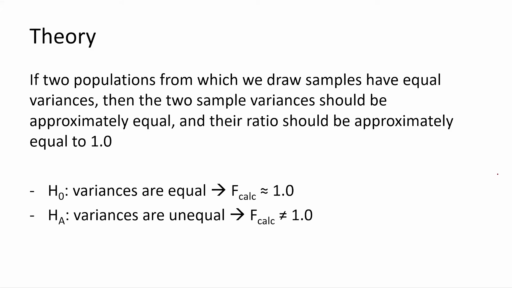If we draw a random sample from this population and our sample mean is around here, and then we take another sample and our sample mean is around here, those are the means. But what we're saying is, is the spread of data in those samples about the same?